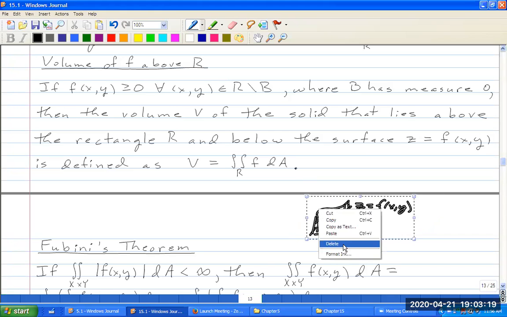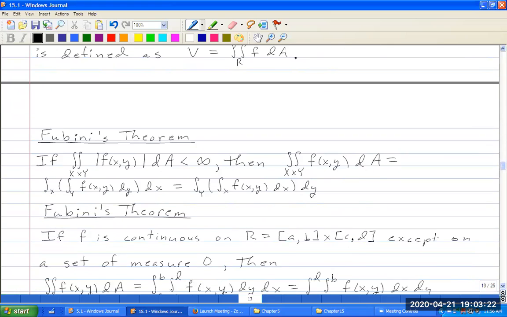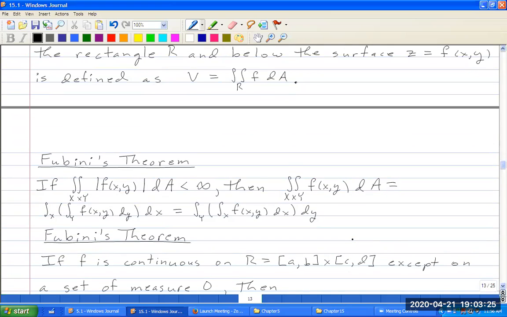Fubini's theorem. So, Fubini's theorem says the following. If the double integral over the Cartesian product of X and Y of the absolute value of f is less than infinity, then the double integral over the Cartesian product of X and Y of f is the same as the following iterated integrals.